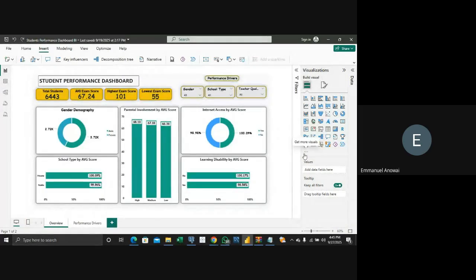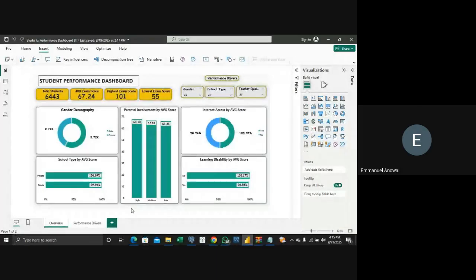Then also the internet access versus the average score. We have 100.09 for those with internet access and 98.95 for those who don't have.